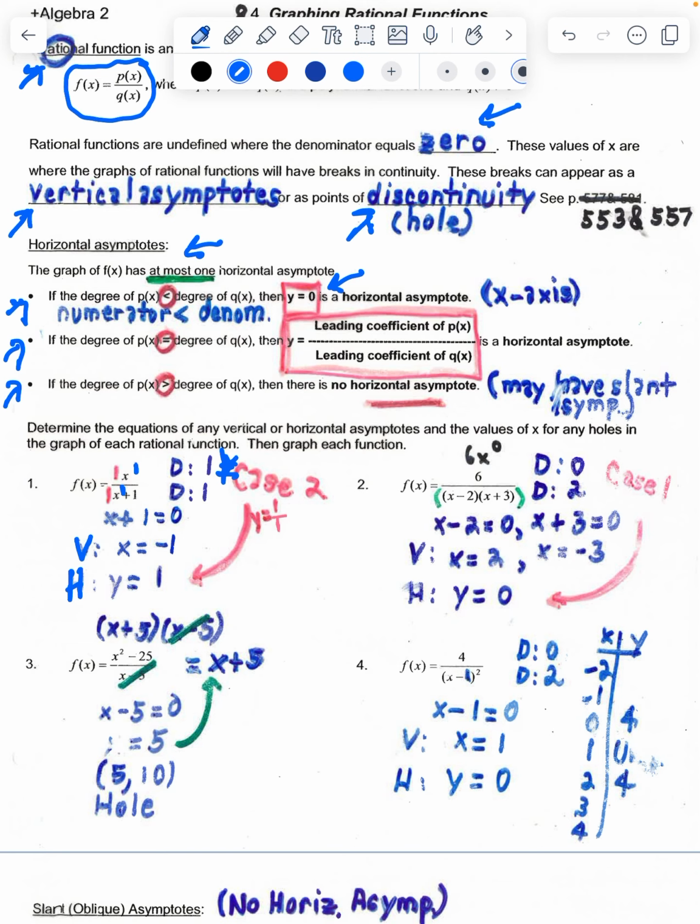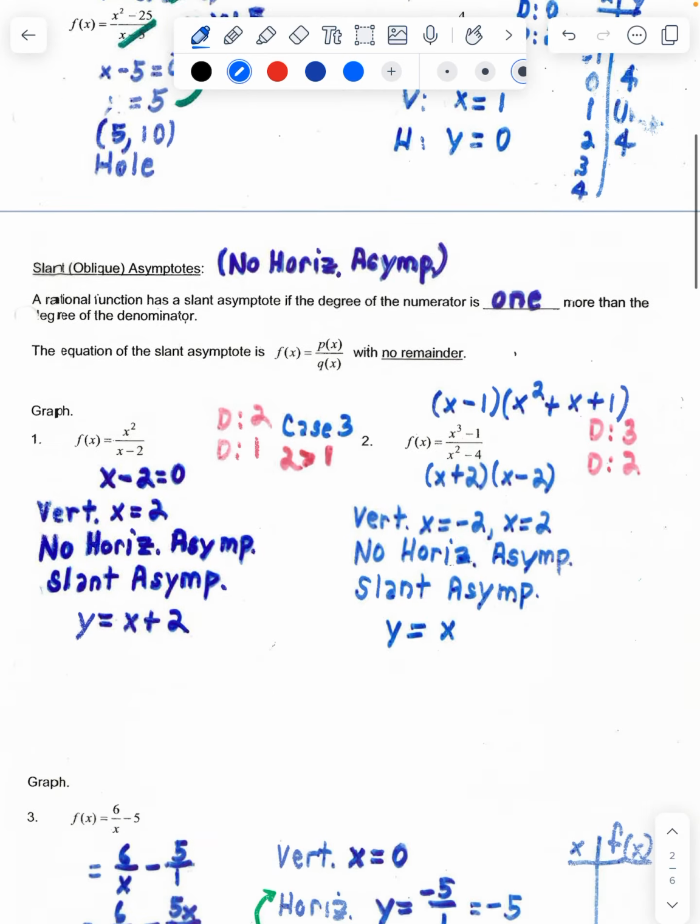But what's key here is the fact that it's undefined at 5 from the denominator, and if we plug 5 into the simplified form, that gives us a hole at (5, 10). And if you graph it, you would see that.